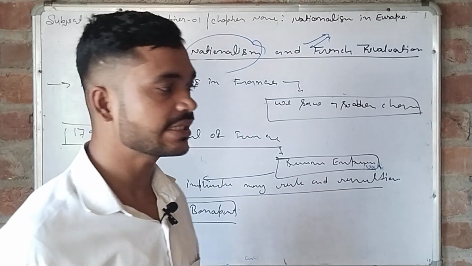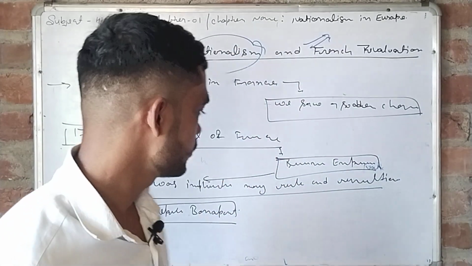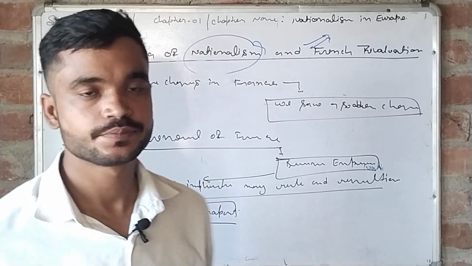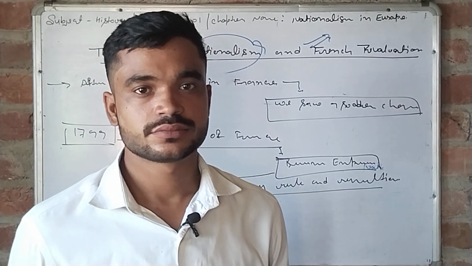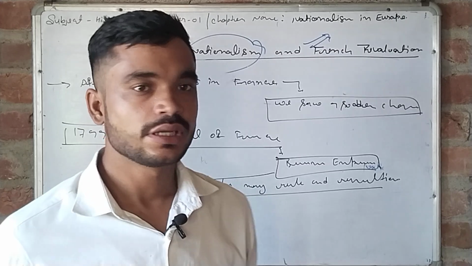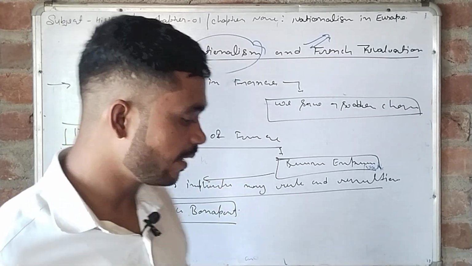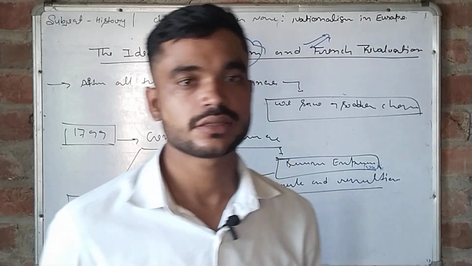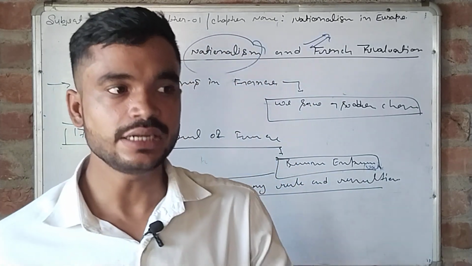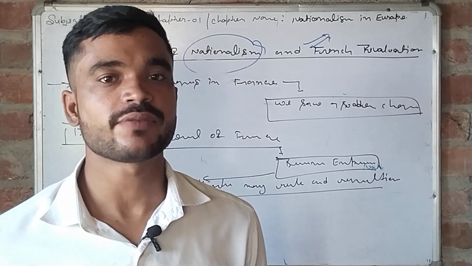When he came to power, he did many reforms. And after the coming of Napoleon Bonaparte in the administration, the monarchy also came back, and it destroyed the democracy of France.